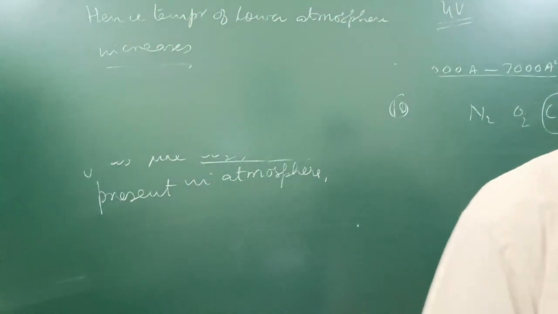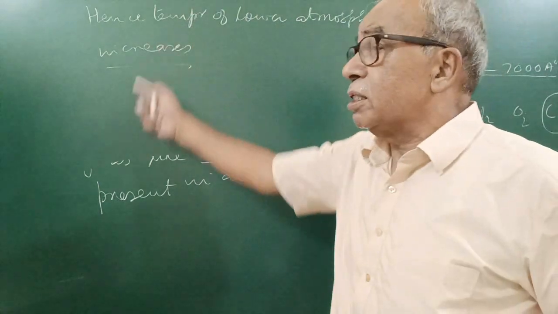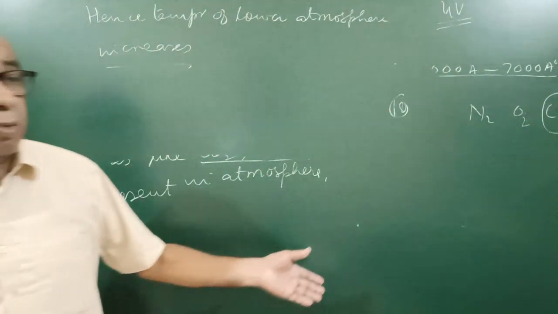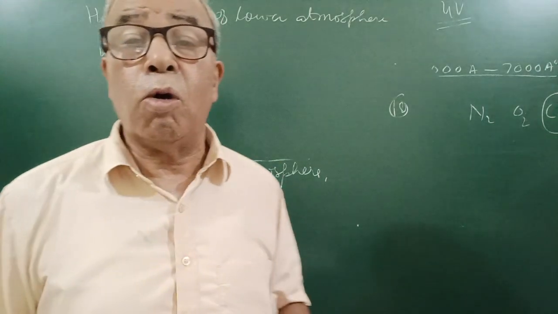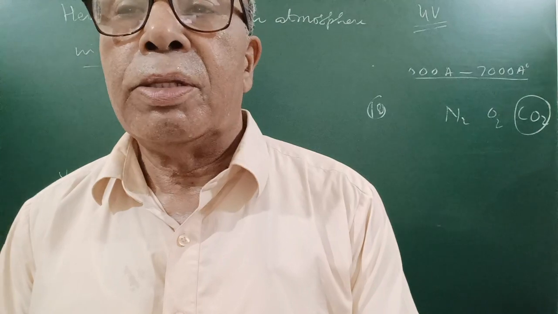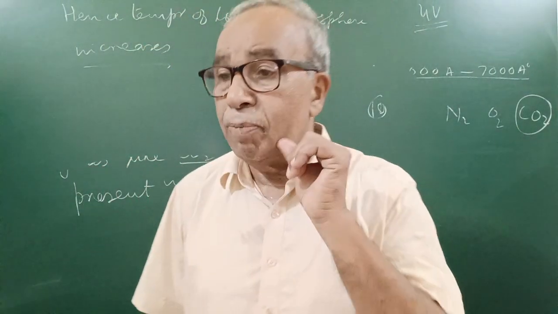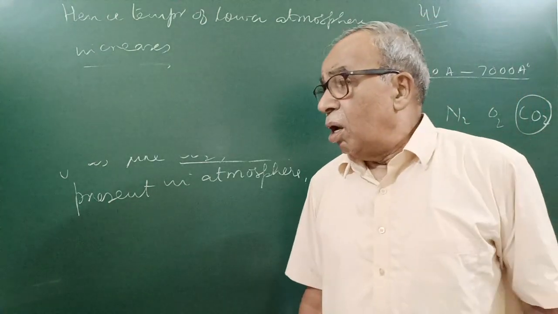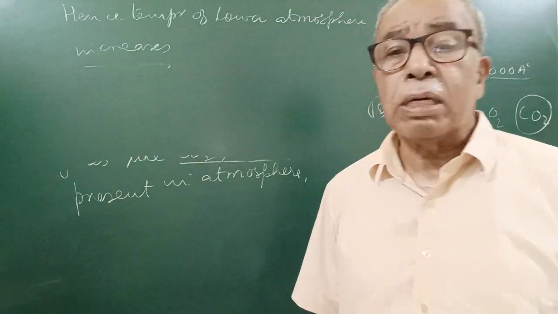This whole process, receiving radiation from the Earth and absorption of radiation emitted by the Earth, is called the greenhouse effect. The absorption of infrared radiation emitted by the Earth is called the greenhouse effect.